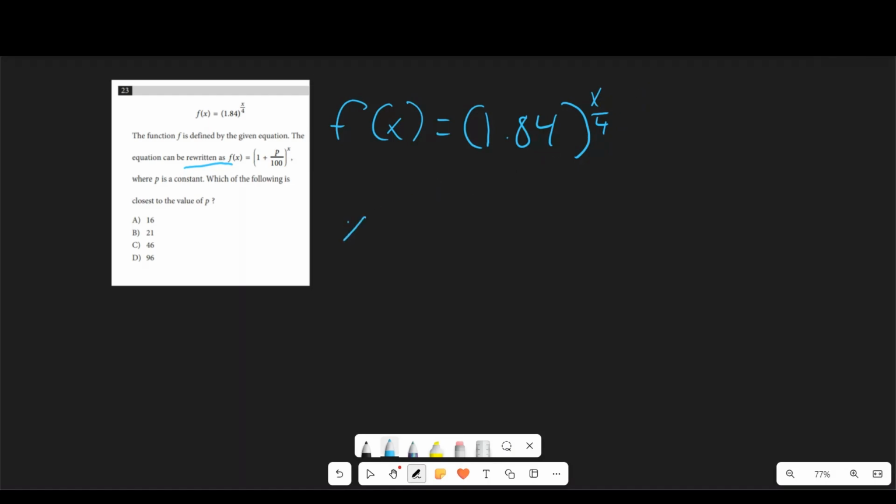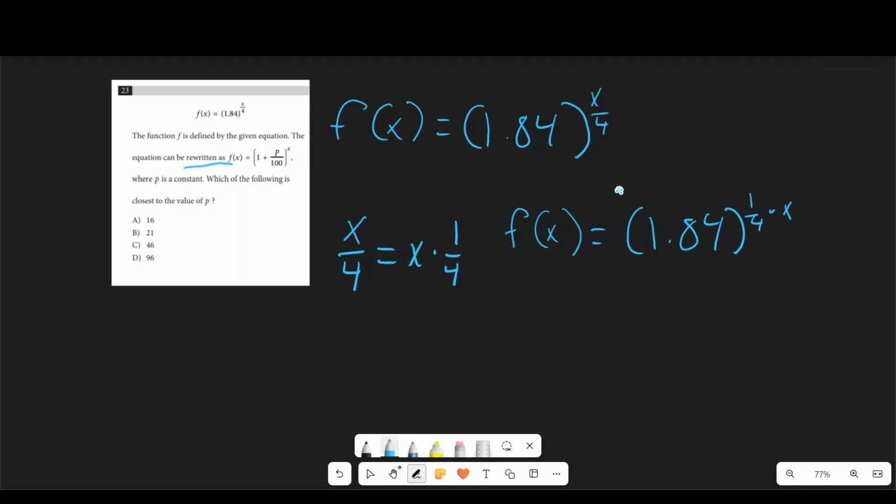If we have x over 4, we can rewrite x over 4 as x times 1 over 4. So with that in mind, we could rewrite this as f of x is equal to 1.84 to the 1/4 power times the x power.